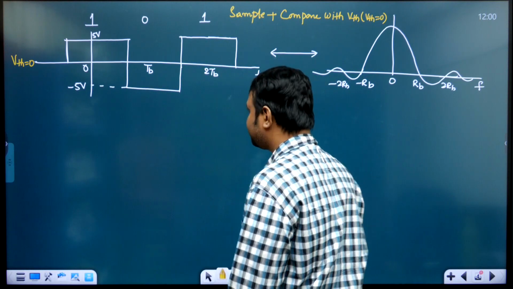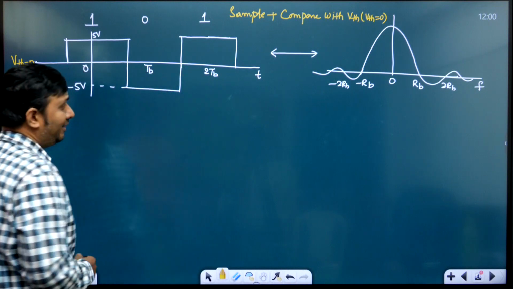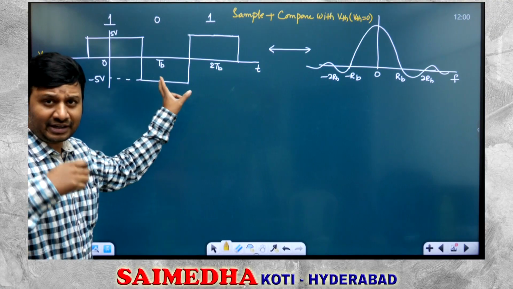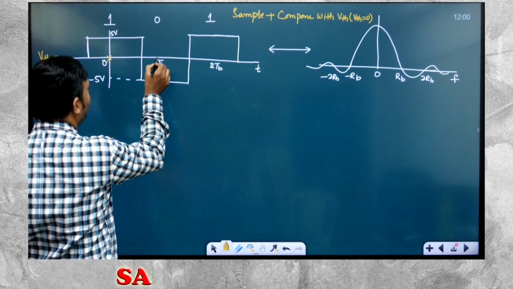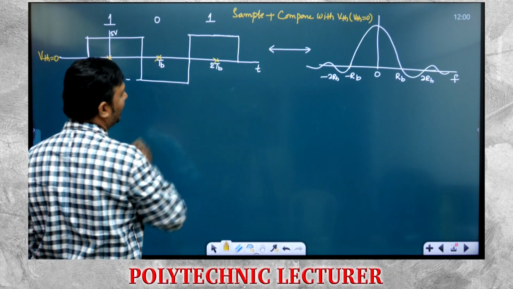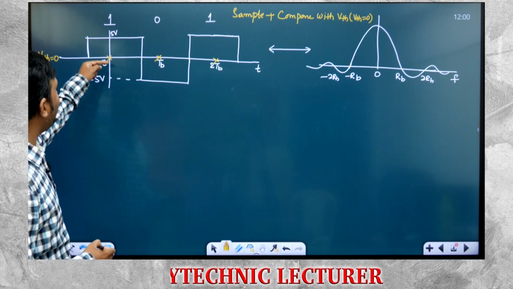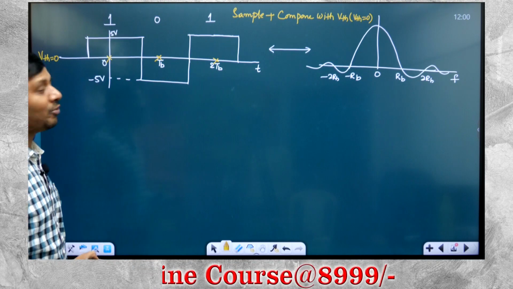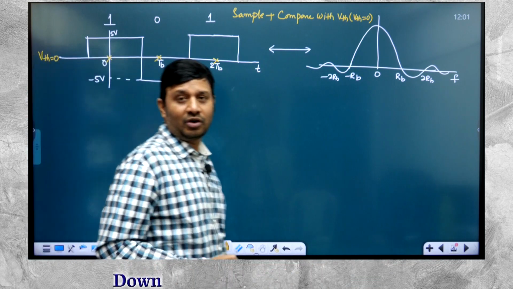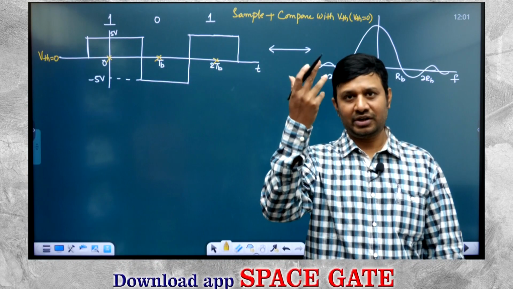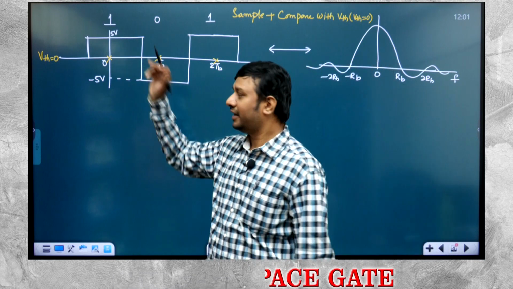Now observe here, if this is received at the receiver, at 0 I will sample, at TB I will sample, at 2 TB also I will sample. If I sample at 0, I am going to get 5 volts. I compare with the threshold voltage. Something above 0 is considered to be 1, so the decision is taken in favor of 1.